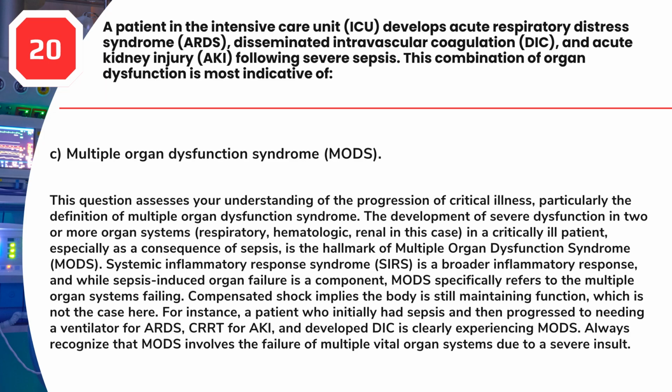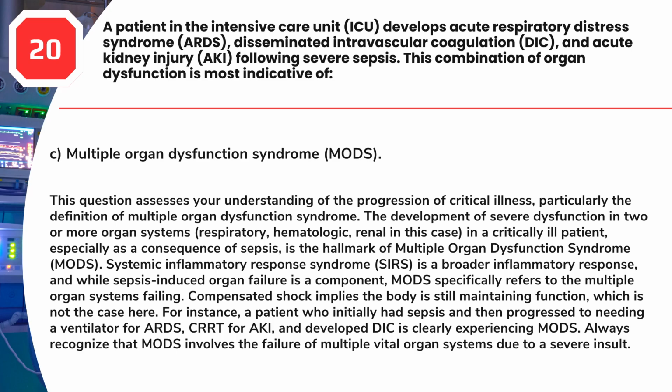This question assesses your understanding of the progression of critical illness, particularly the definition of multiple organ dysfunction syndrome. The development of severe dysfunction in two or more organ systems, respiratory, hematologic, renal in this case, in a critically ill patient, especially as a consequence of sepsis, is the hallmark of multiple organ dysfunction syndrome, MODS.